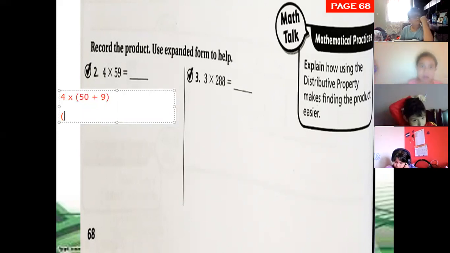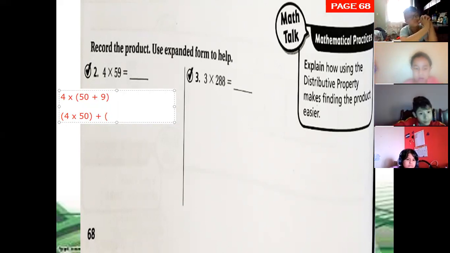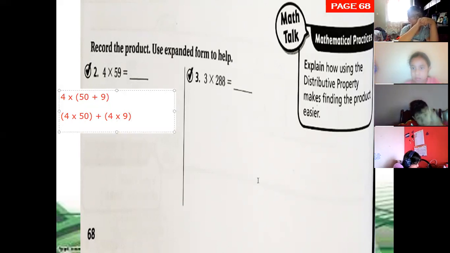So I'm going to write 4 times 50, close parentheses, plus 4, again, times 9. This is what I did, okay? So I multiply 4 times 50 and 4 times 9, and I have two separate multiplications. Please look at the screen.